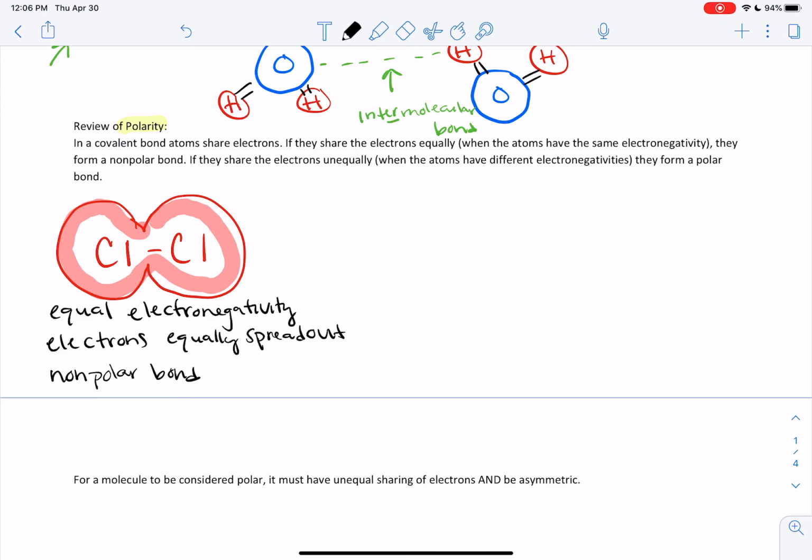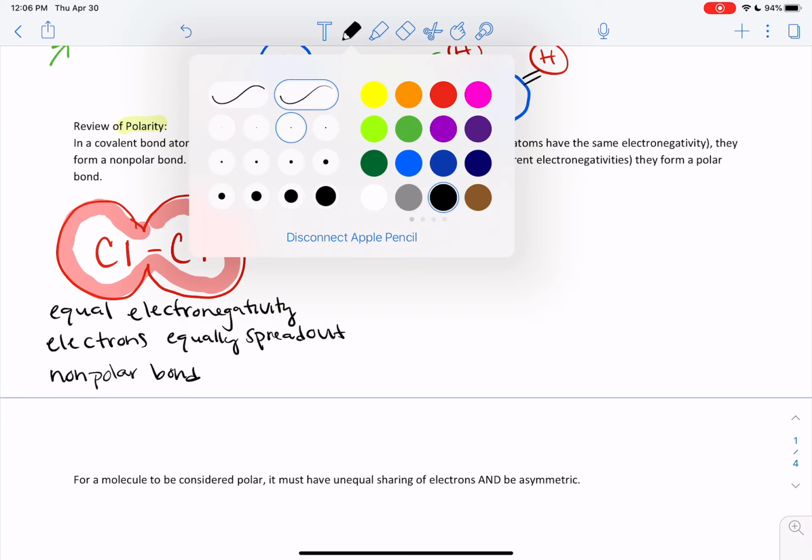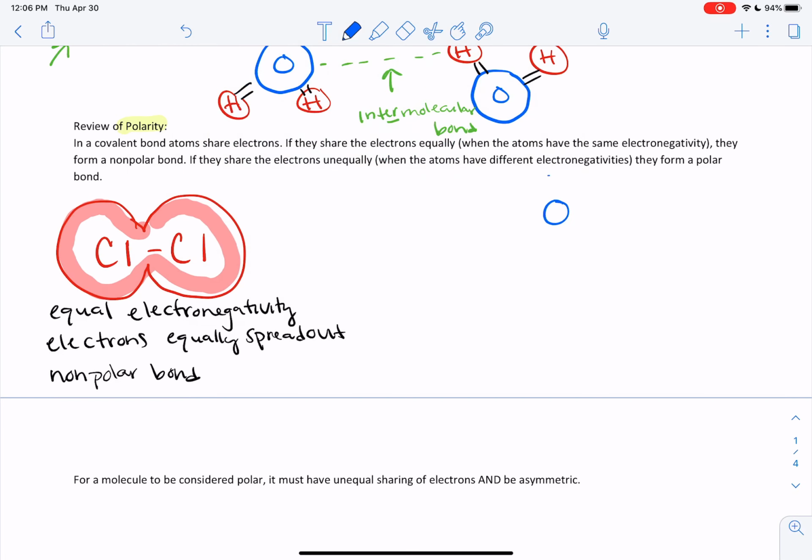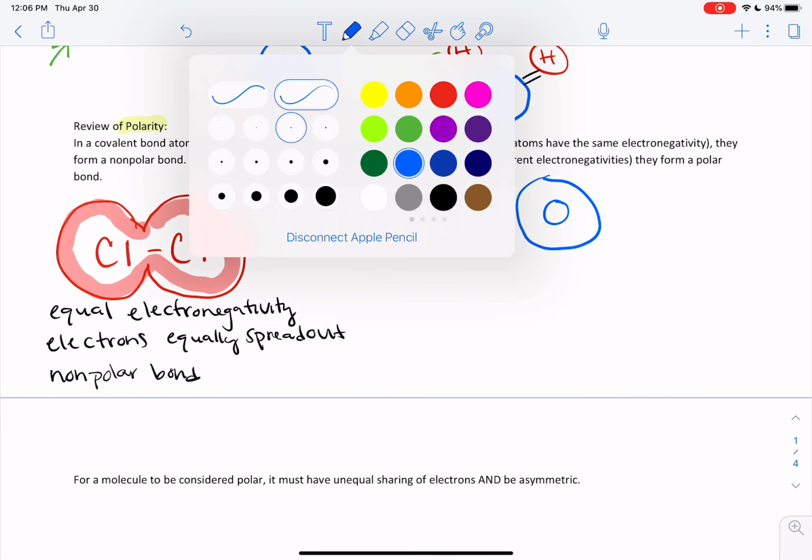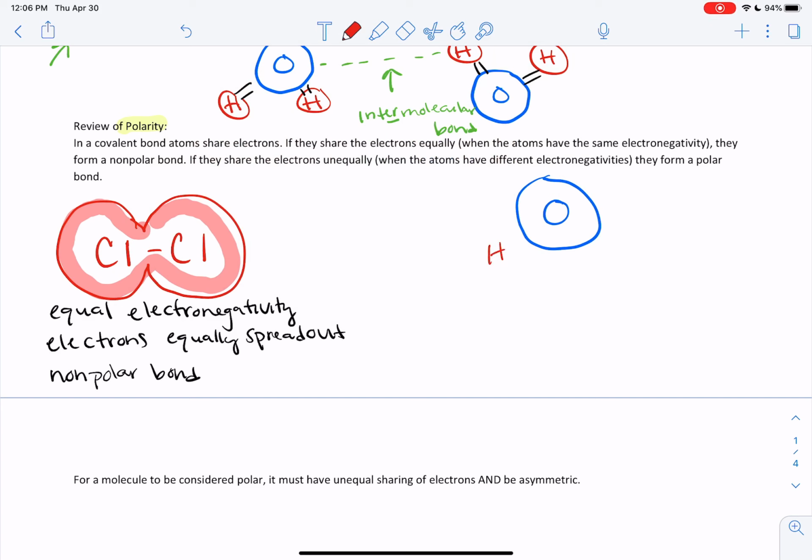Now, if we have a water molecule, okay, we know that oxygen has a greater electronegativity. We know this because it's further to the right on the periodic table.